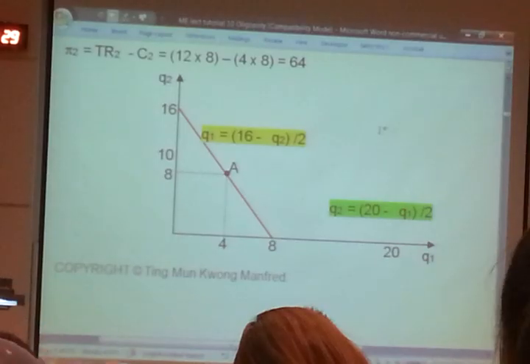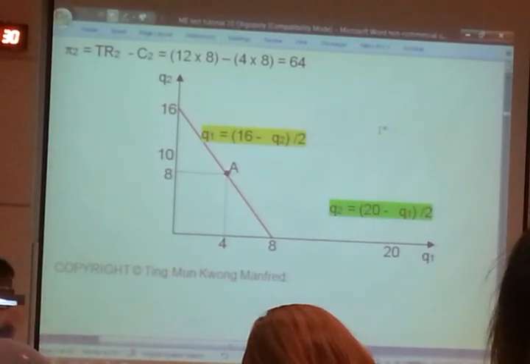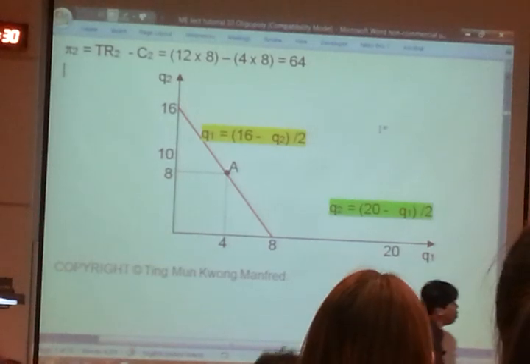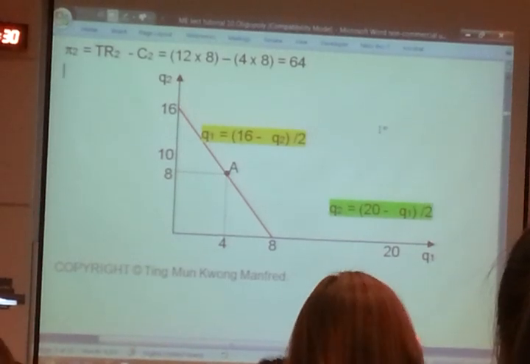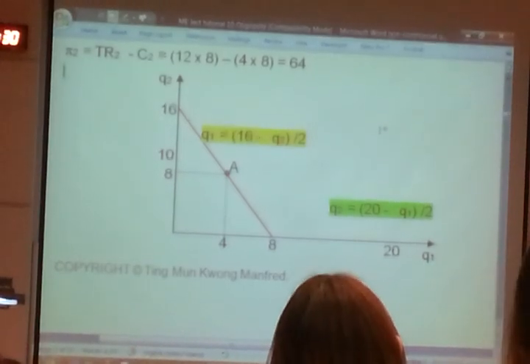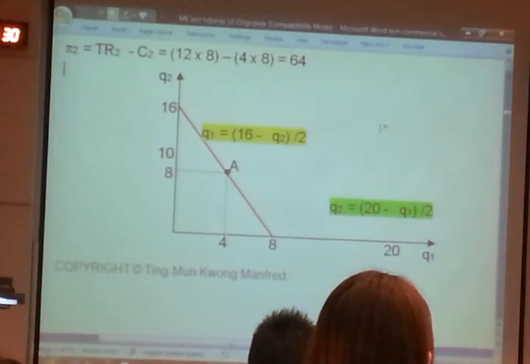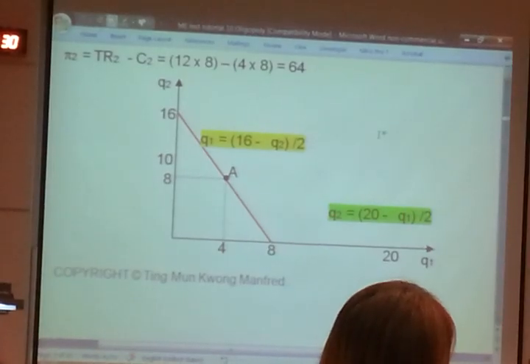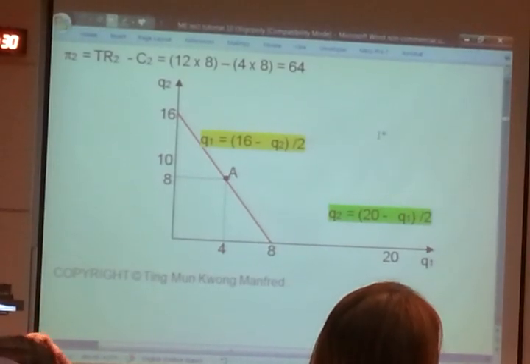First, how to plot this reaction function for firm 1? To draw a straight line, how many points do you use? 2 points. So we have one here and one here.